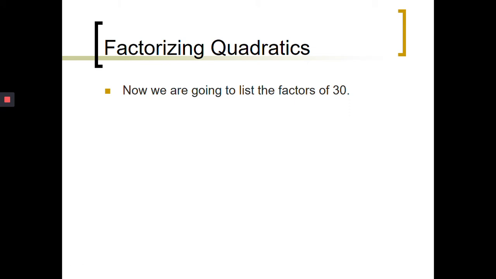Now we got negative 30 on the previous slide. Alright, now what we are going to be doing now, we are going to ignore the sign of that number, and the reason for that is it is going to make what I am going to do next much easier.